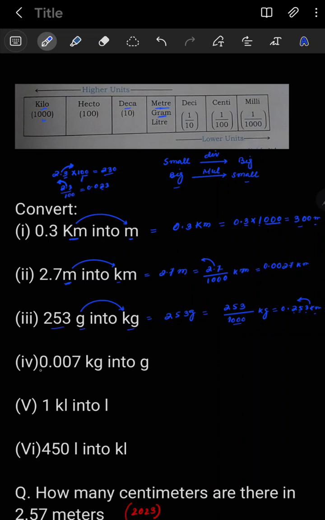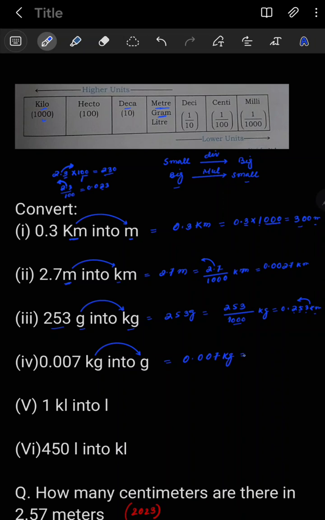So like that you have to convert. Again, the next one, it is given 0.007 kg into gram. Kg is your bigger unit, gram is your smaller unit. So if you convert big to small, that time you have to multiply. The value given is 0.007 kg.